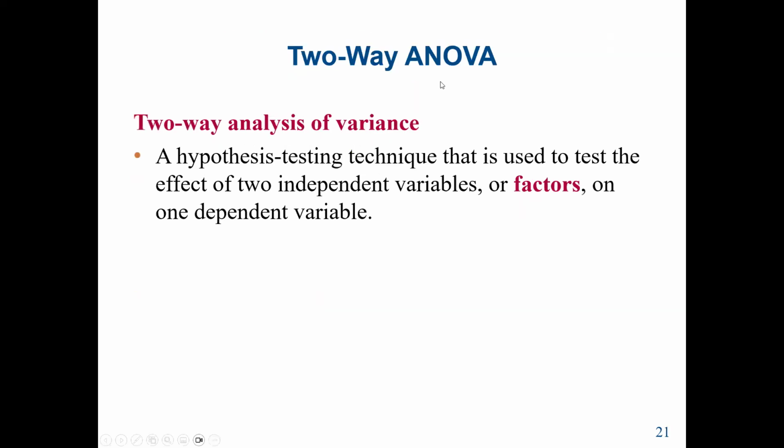So next is the two-way ANOVA. In two-way analysis of variance, it is the hypothesis testing technique that is used to test the effect of two independent variables or factors. Previously, one-way ANOVA had one independent variable.